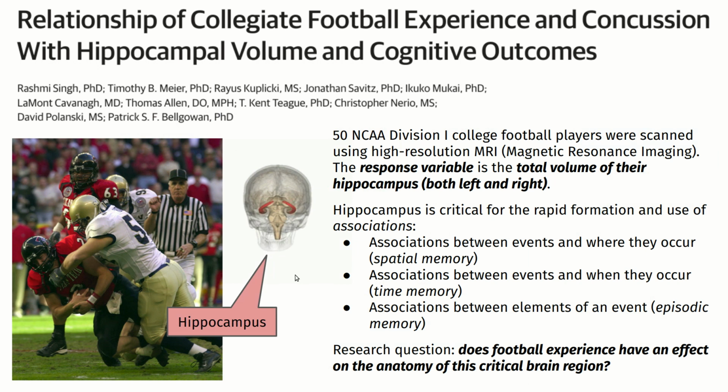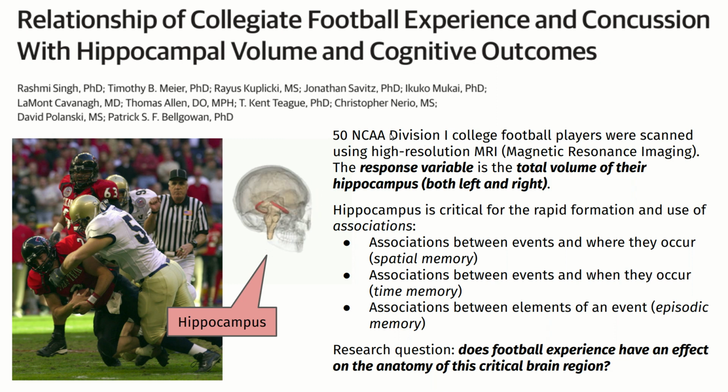Now, to see this again in a more modern, practical setting, we're going to take a look at some data that came out of this study here, in which they were interested in the relationship between collegiate football experience and different aspects of brain and cognitive outcomes.